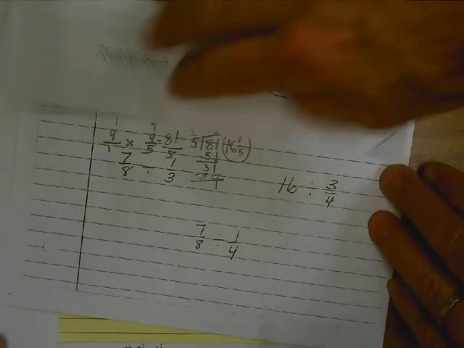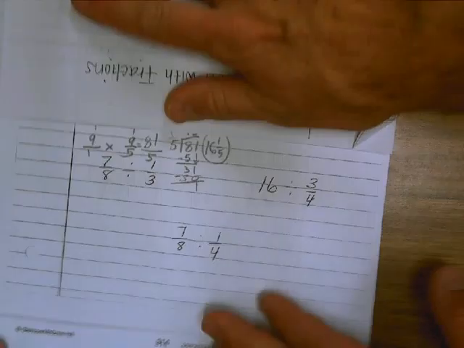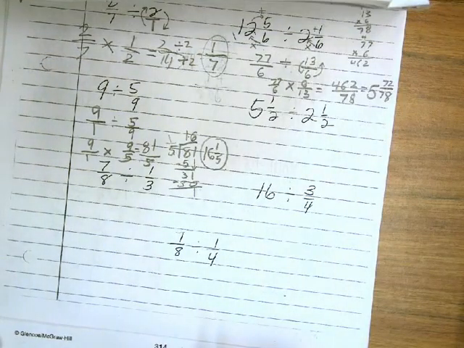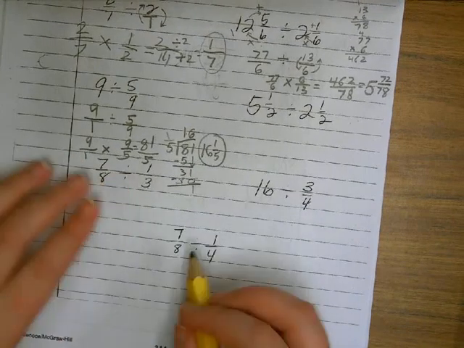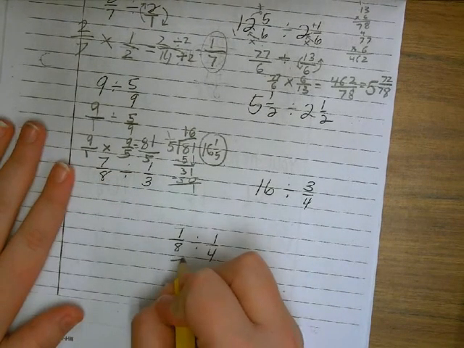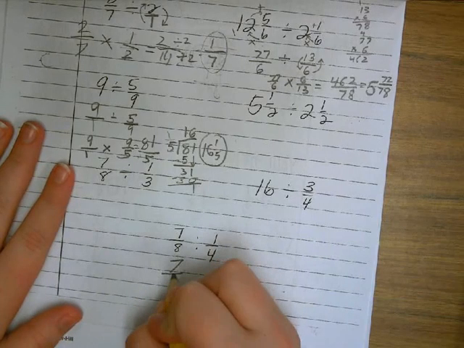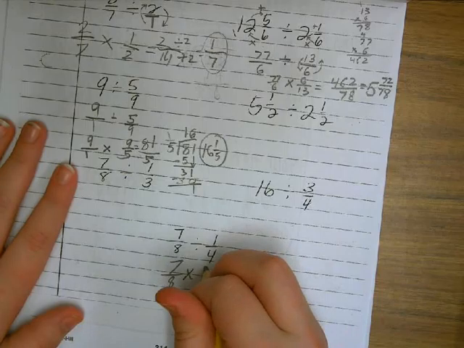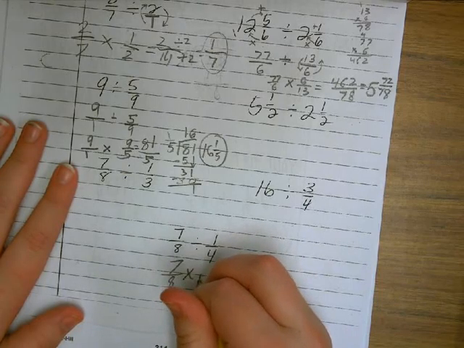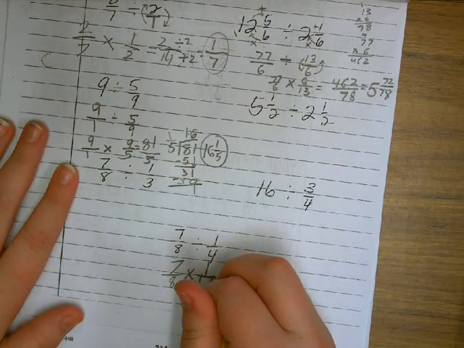First you rewrite it, then you flip. You put the 4 over 1. Good. You flip 1/4, it becomes 4 over 1, and then you do what? Multiply. Excellent. Go for it.